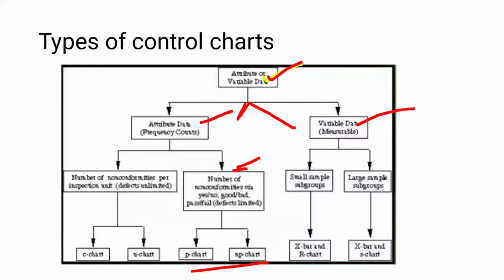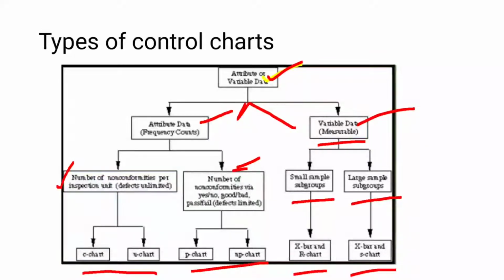If the number of defects per inspection unit is given, then the other charts are used. Similarly, in variable data, that is measurable data, there are two types, small sample and large sample.